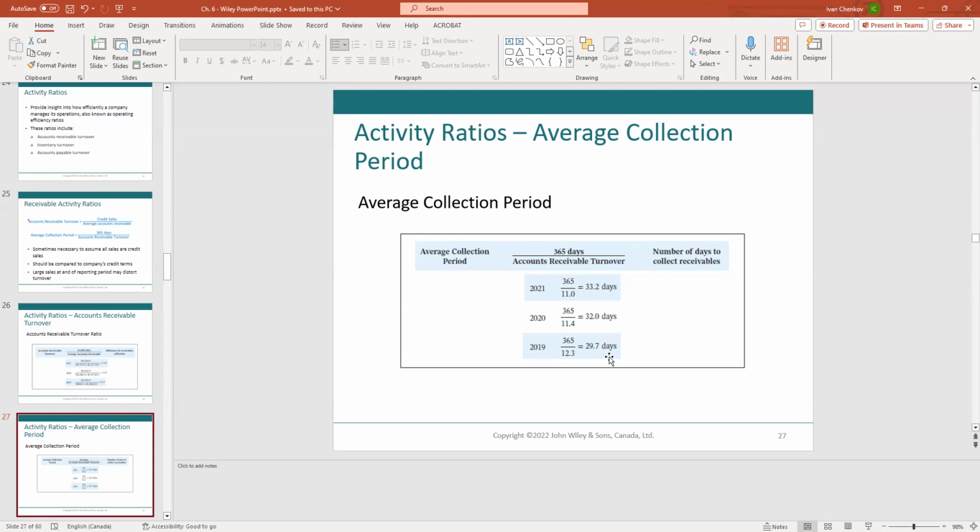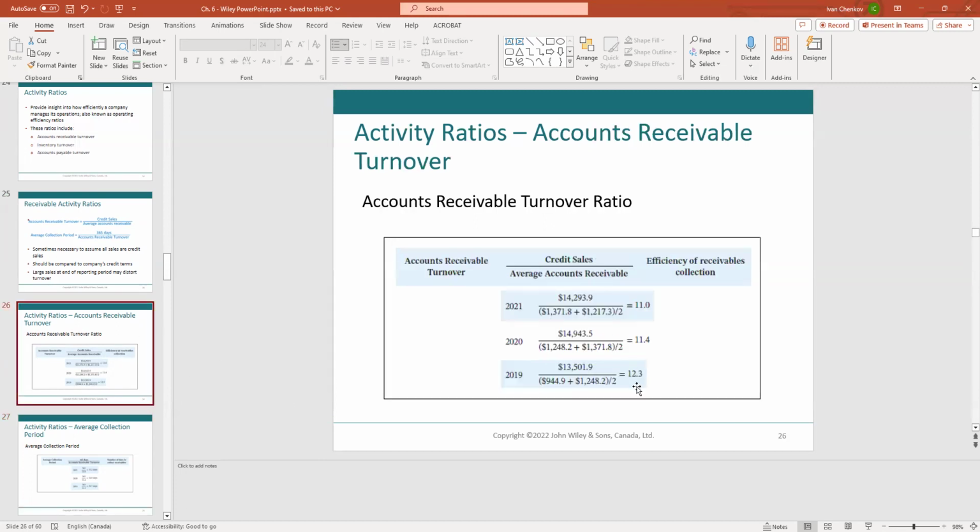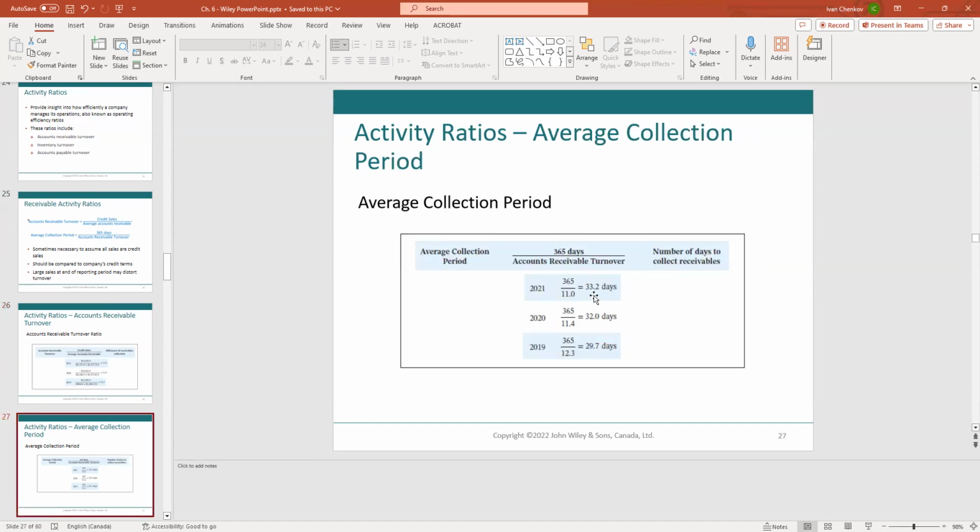Once you see the accounts receivable turnover start going down, that automatically means you're having a problem with collection. Your days to collect money are getting higher, and higher days in collection are not good for you.